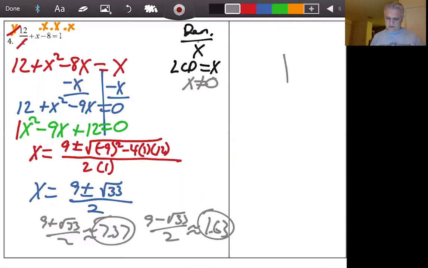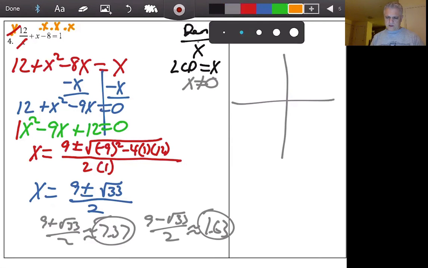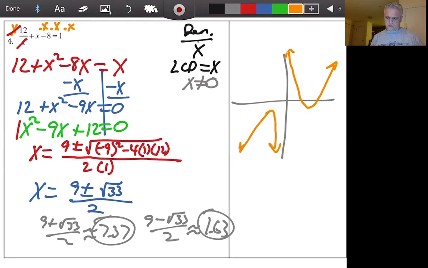Okay, so we had a slant asymptote. Okay. So the zeros that we wanted, 1.63, 7.37. Okay, those are our zeros.